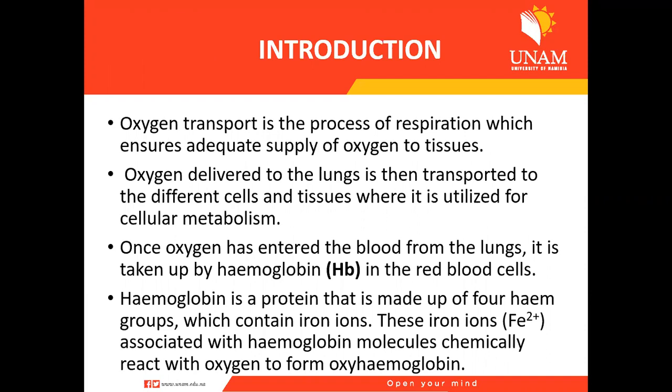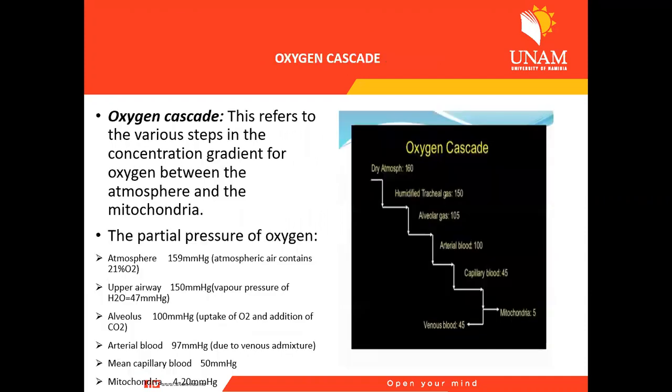A more crucial part is the internal respiration, where oxygen that is breathed in by external respiration is transported to the different tissues where it is used for metabolism. Once oxygen enters the blood from the lungs, it is taken up by the red pigment in the red blood cells, hemoglobin, which binds to the oxygen and helps in transporting the oxygen throughout the tissue.